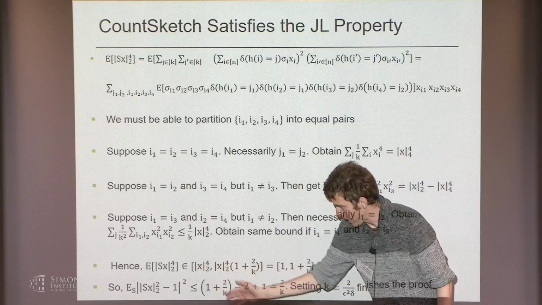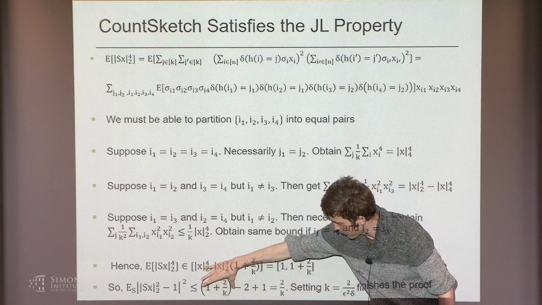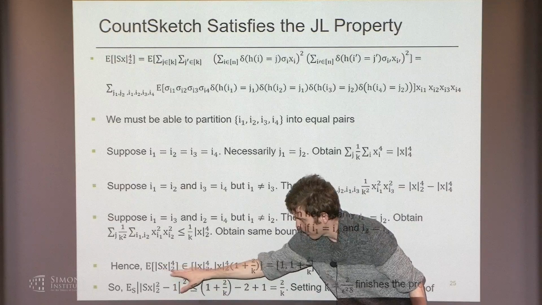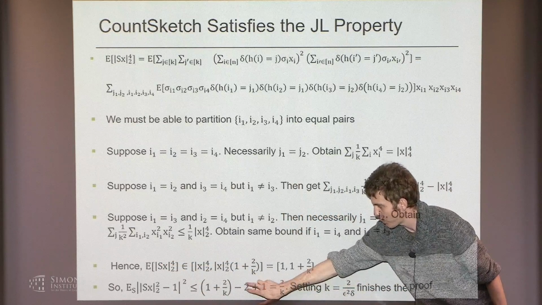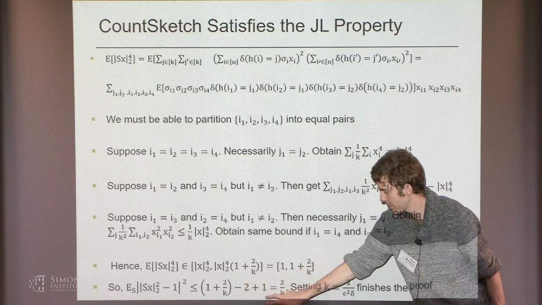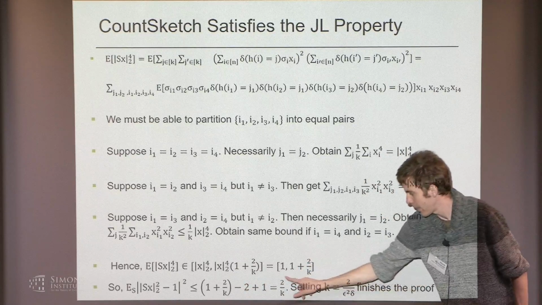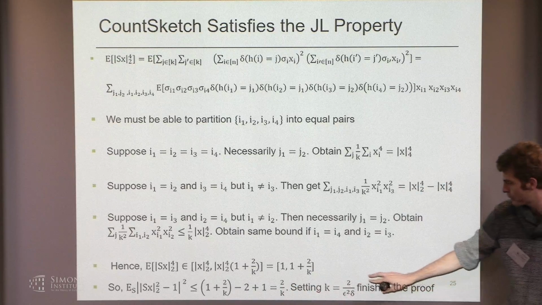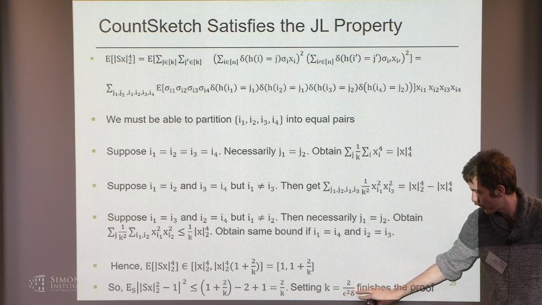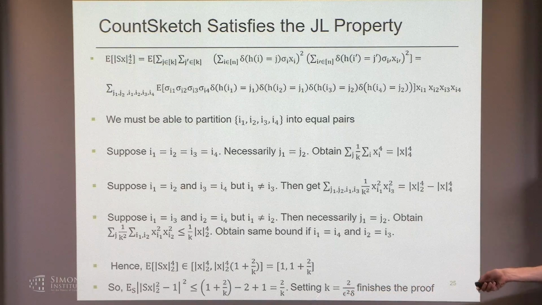Just expanding it, we plug in 1 plus 2 over k for the expected value of the 4th power of the norm of Sx. And then we have minus 2, because it's minus twice the expectation of the squared norm of Sx, plus 1 for that 1. And we get 2 over k. And if we just set the number of rows k in our CountSketch to be 2 divided by epsilon squared delta, then this quantity is exactly what we want for the JL moment property. So that's all the proof does.